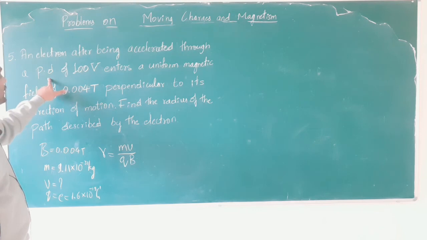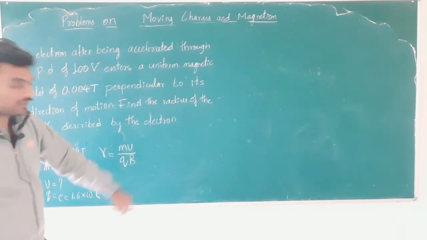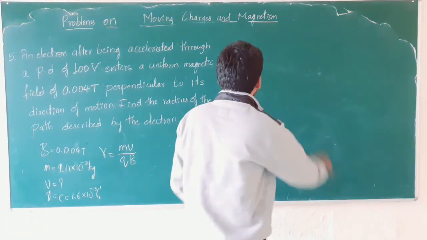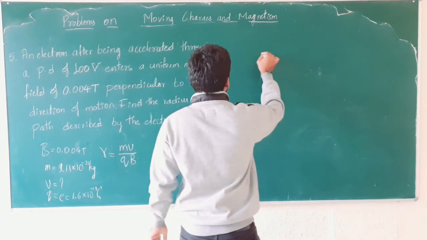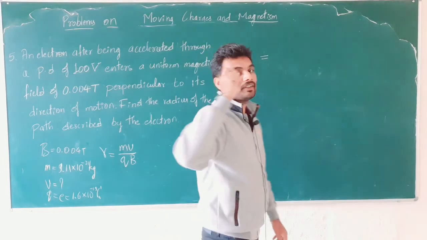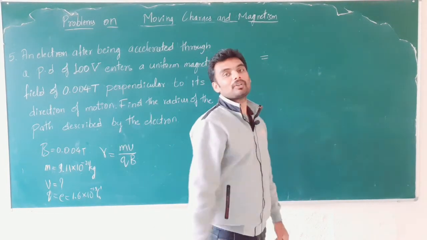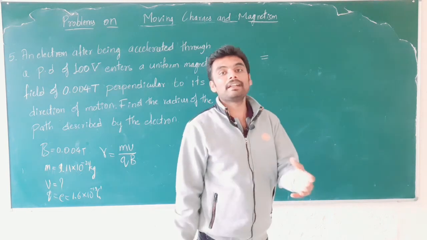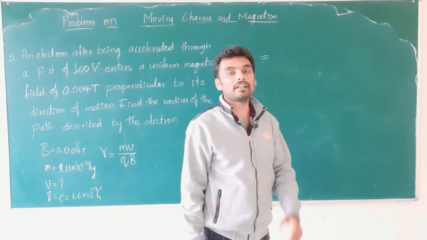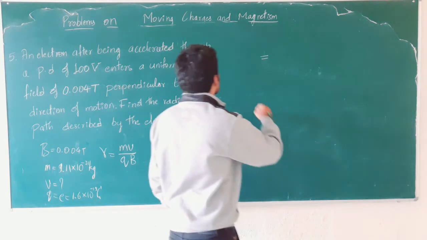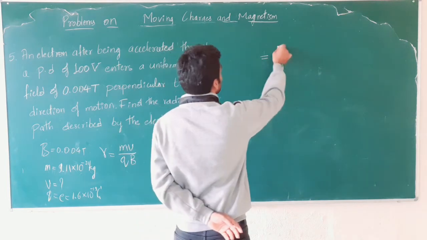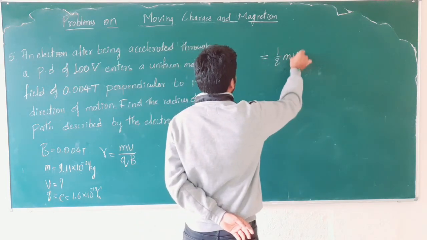What is given? The electron is accelerated through a potential difference of 100 volt, which means when the electron gets accelerated through a potential difference of 100 volt, it gains certain kinetic energy, isn't it? So that gain in kinetic energy of the electron is half mv squared.